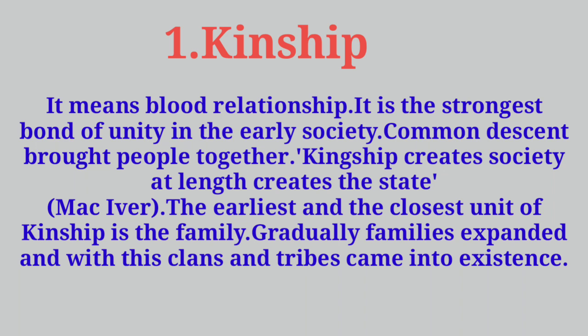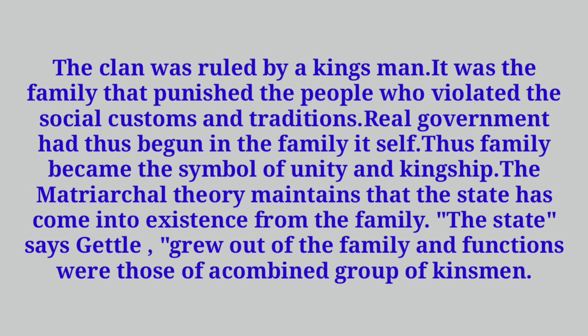Gradually, families expanded, and with this, clans and tribes came into existence. The clan was ruled by a kinsman. It was the family that punished the people who violated the social customs and traditions. Real government had thus begun in the family itself. Thus, the family became the symbol of unity and kinship.